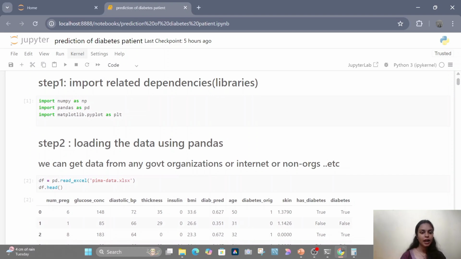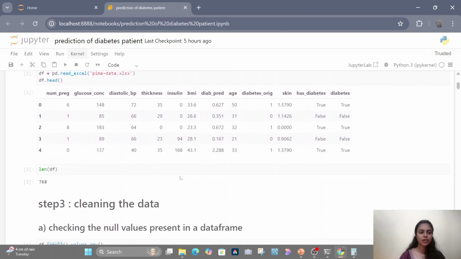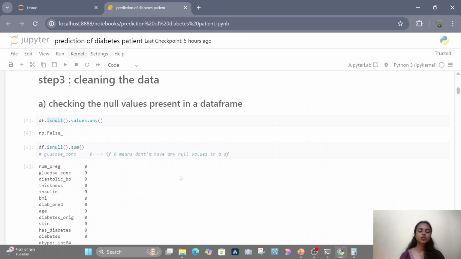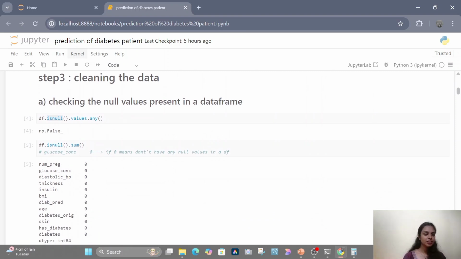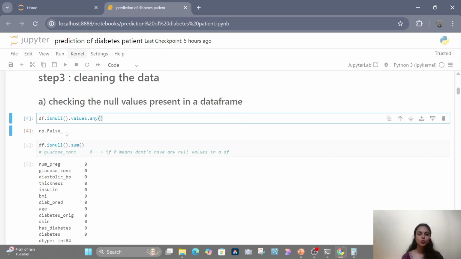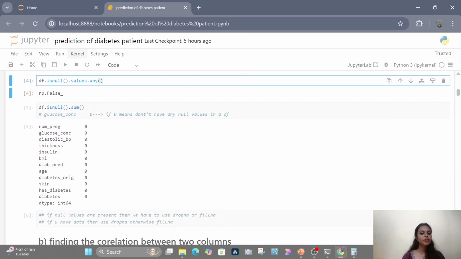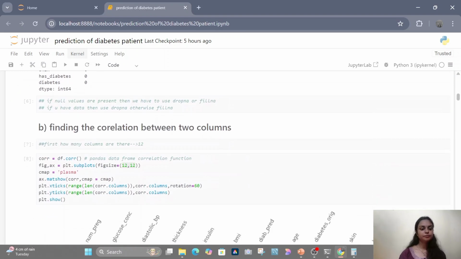After importing all the dependencies and loading data, I'll be cleaning the data, starting with nulls. I'll use the isnull function to check for nulls. If it is false, that means there are no null values. Suppose if there were null values, I would use either the fillna function or dropna to handle them.